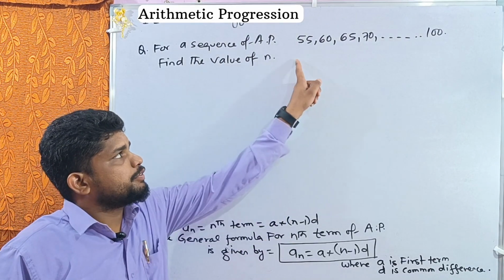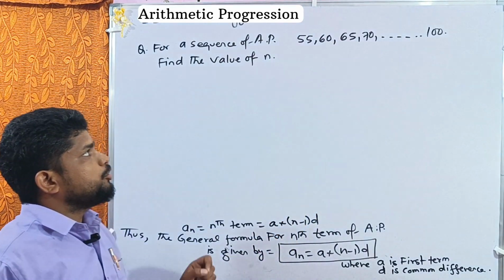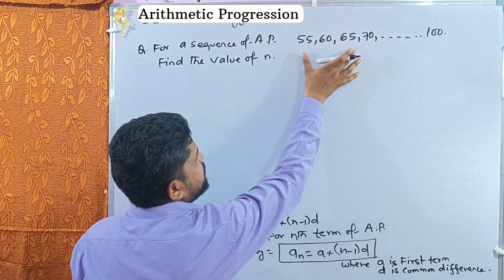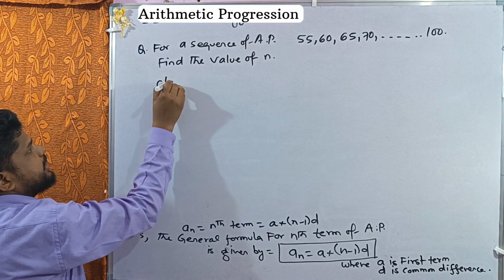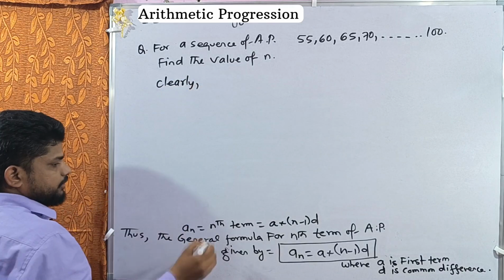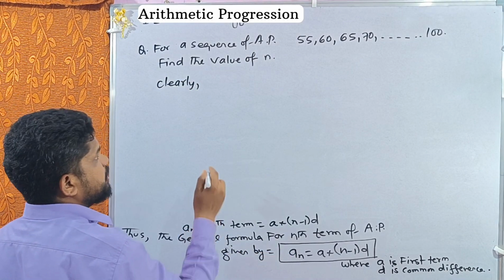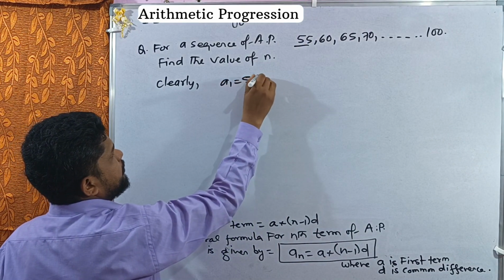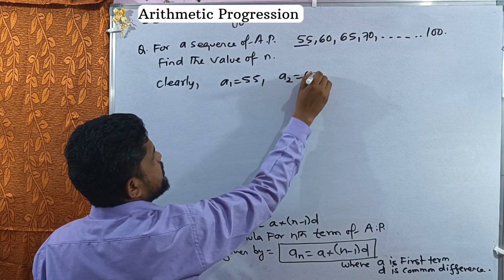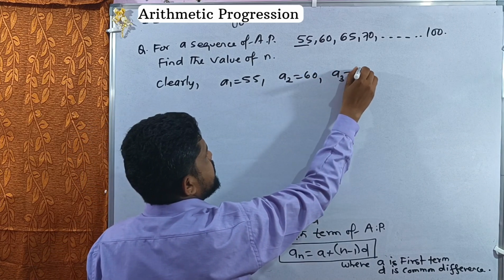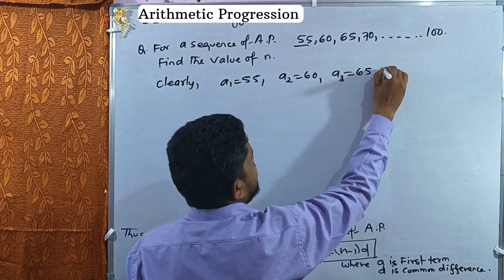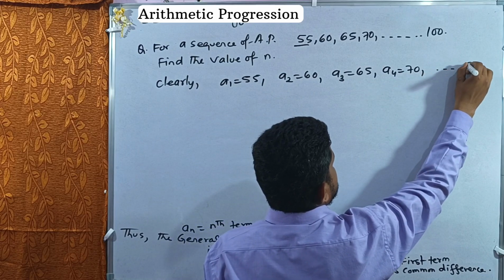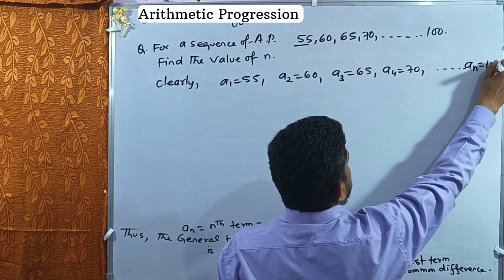This is our sequence of AP, and we aim to find the value of n. By looking at the sequence, it is clear that the first term is 55, the second term is 60, the third term is 65, the fourth term is 70, and the nth term is 100.